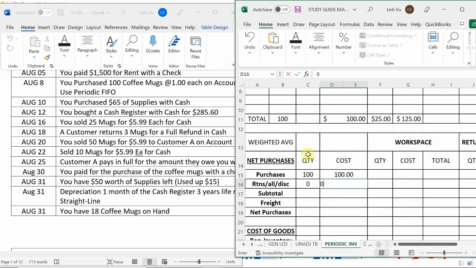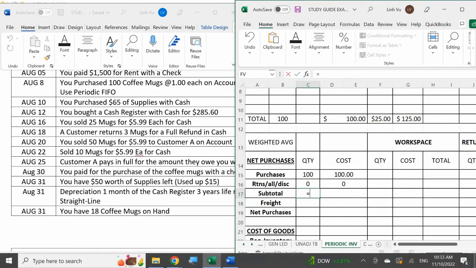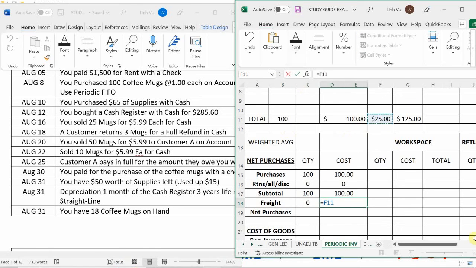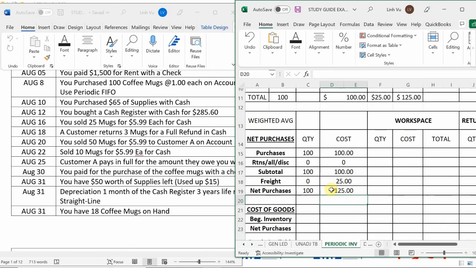You have no returns or allowances. Oh no, not for the purchase, we got it for the sales. So in this case, $25 goes to freight, for a total of purchases of $125.